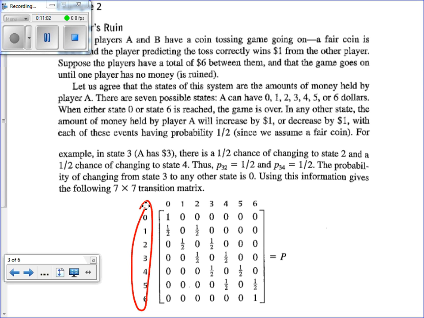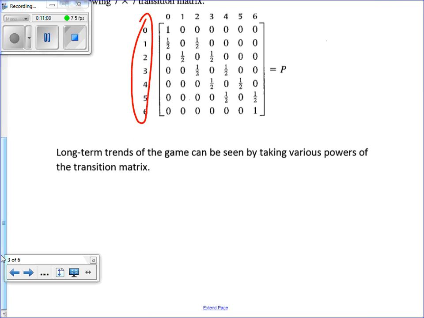And we're going to use this information. We have a 7x7 transition matrix. So what we want to do really is look at what in the long term is going to happen. There's a really quick way of estimating what's going to happen at the end of this game, or the probabilities, depending on how much money you have at the time, where you're going to end up.